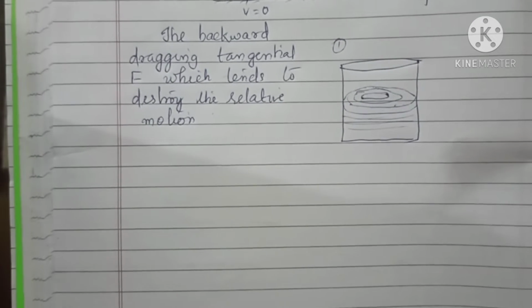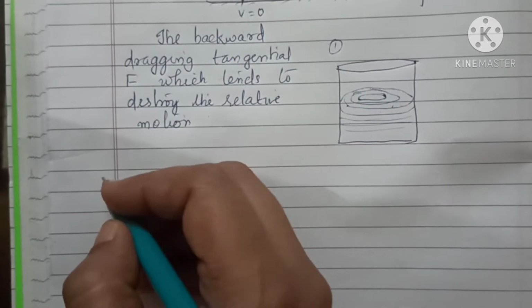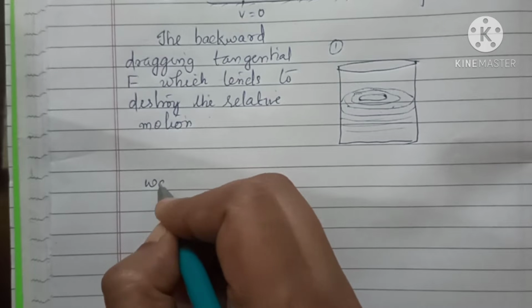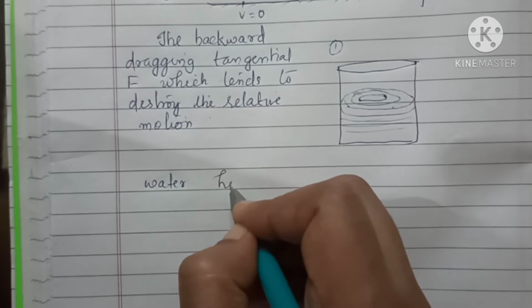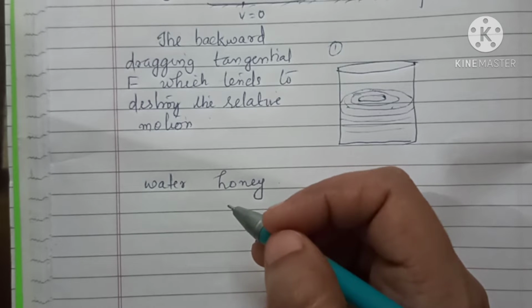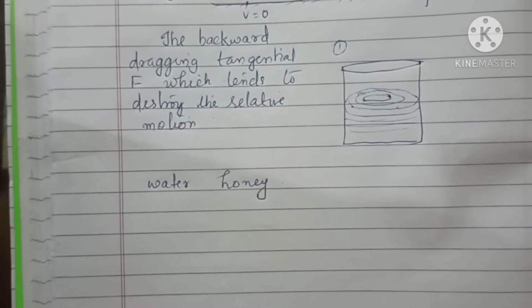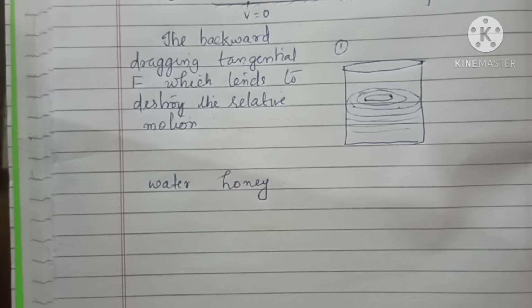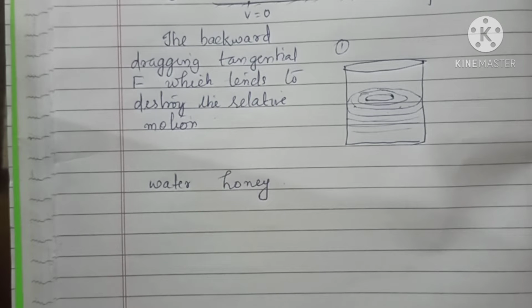Now the second example, if you are taking two liquids such as water and honey in separate funnels. Okay. You can see that the water comes out readily from the hole in the funnel, while honey trickles down drop by drop very slowly. Isn't it? Why? Because honey is more viscous than water.